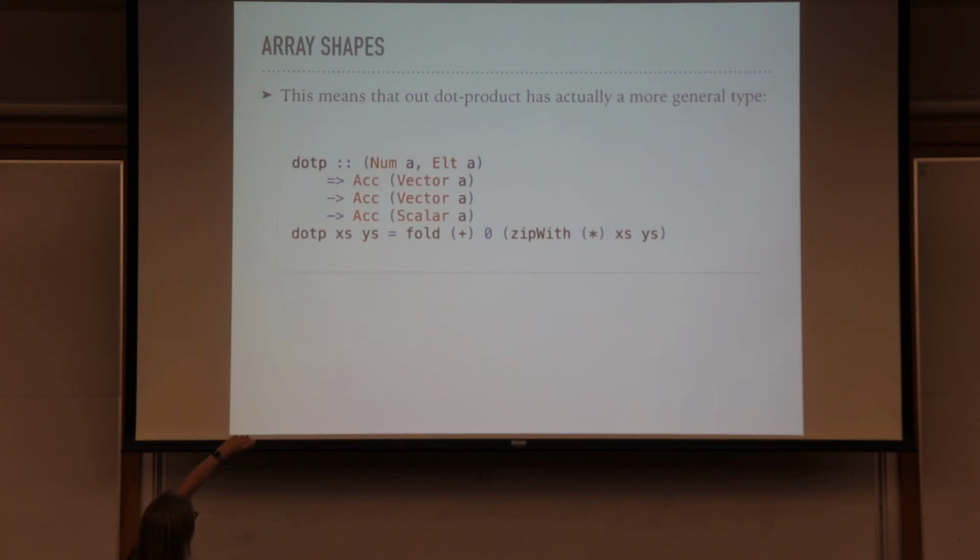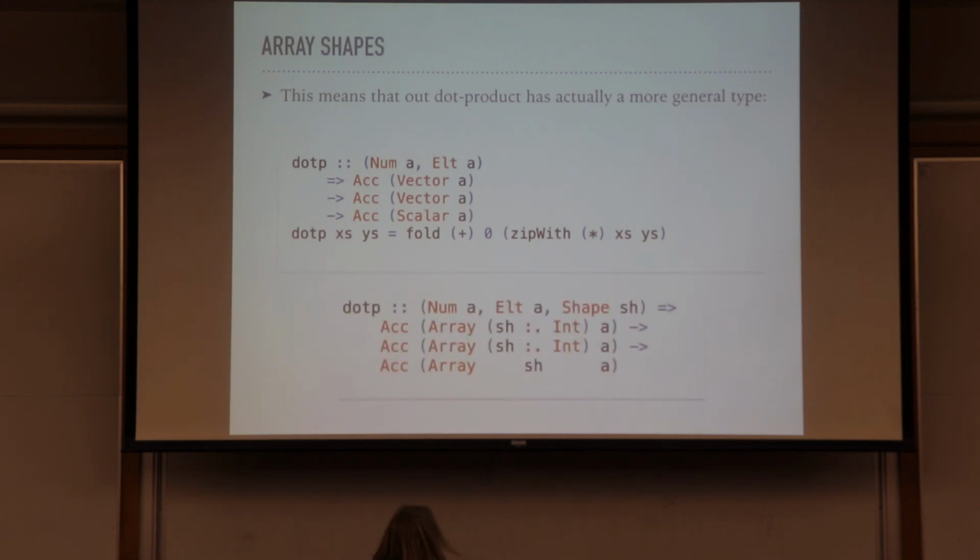So in reality it takes two arrays with an inner shape of dimensionality n+1, and gives you back an array of dimensionality n. Okay, and that's it for today.